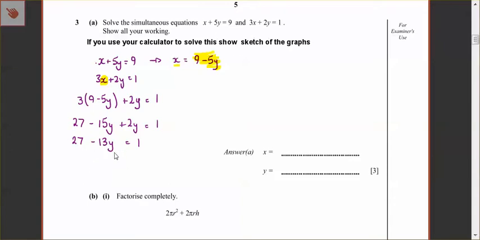What I'm going to do is add 13y to both sides to make 27 equals 1 plus 13y. I'm then going to subtract 1 and have 26 equals 13y, which makes y equal to 2.